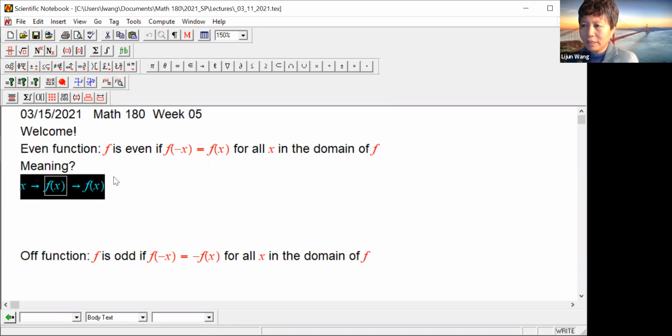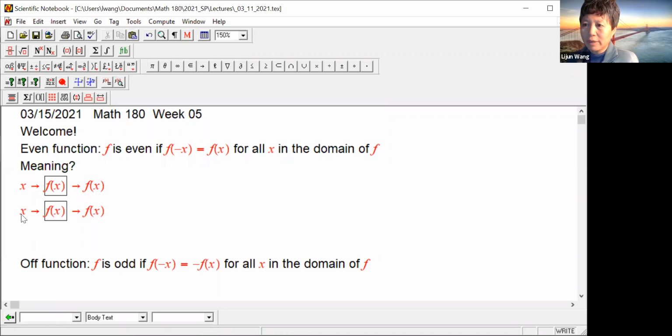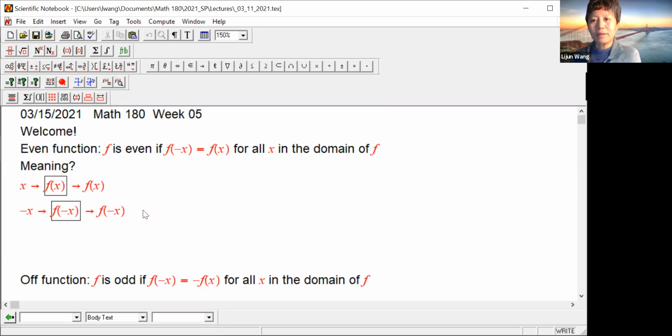What does f of negative x mean? If x is taken, its opposite, of course the input is going to be negative x. So when your inputs are opposites, your outputs stay the same. You guys see that? When the inputs are opposite, the outputs are the same.